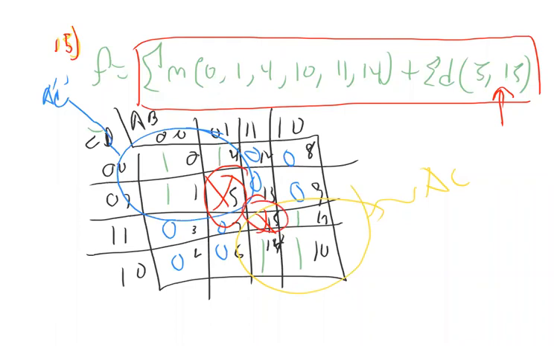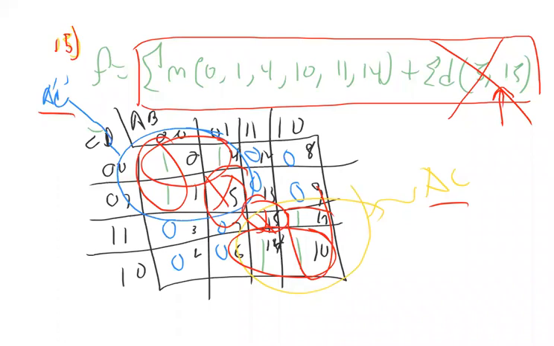You would get a completely different answer. You remove those and your answer changes materially, right? Because now you've got to loop this, and then that, and then this, and then that. By the time you're done, you've got 4 loops, and each one of those is 3 variables, and it becomes a much more complicated circuit than the one that we have represented here and here. So having those don't cares really helped us out.